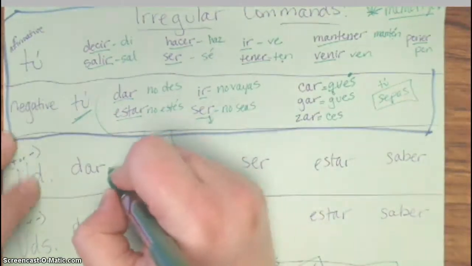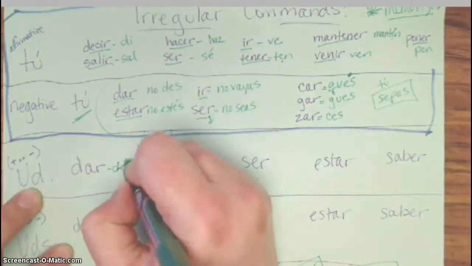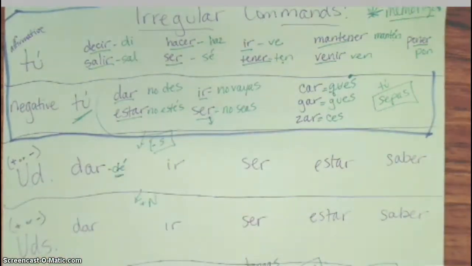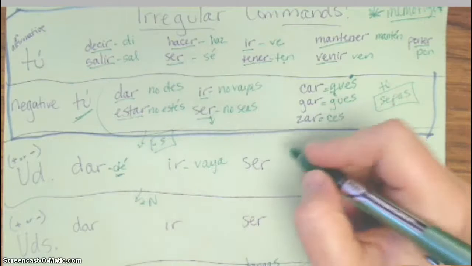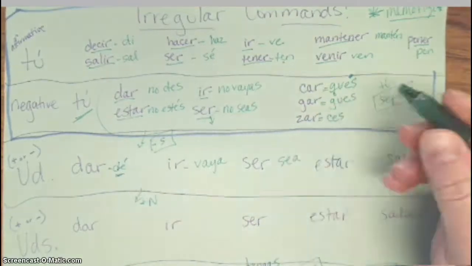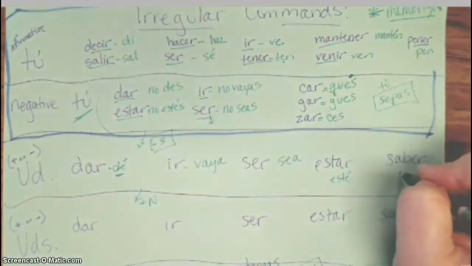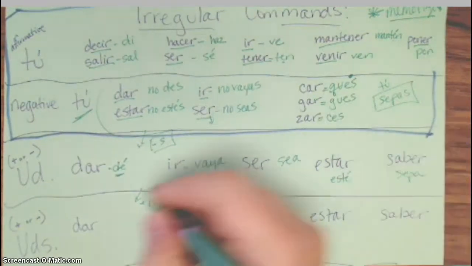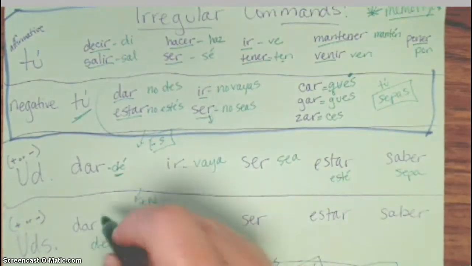So this is going to be dé, and this one happens to have an accent on it. Ir would be vaya. Ser would be sea. Estar would be esté. And saber would be sepa. And again, all I have to do is add the N here. So this would be den, no accent.